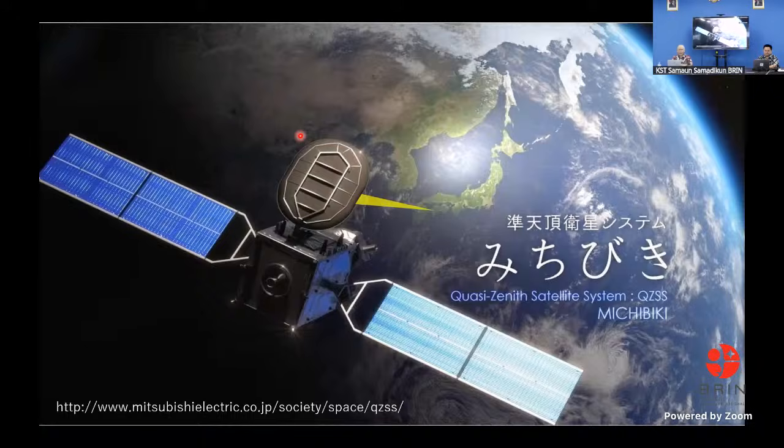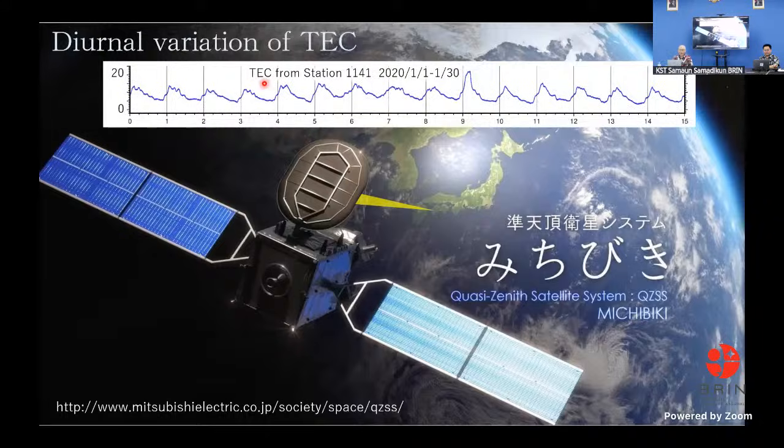For example, if we use a satellite that doesn't move with respect to the Earth, such as one of the Japanese satellites called QZSS, which is a geostationary satellite as one of the systems, then we can monitor a fixed point in the sky continuously over 15 days in 2020.